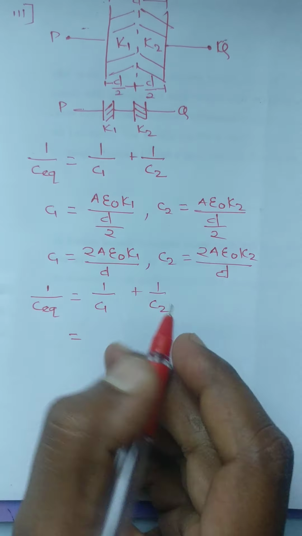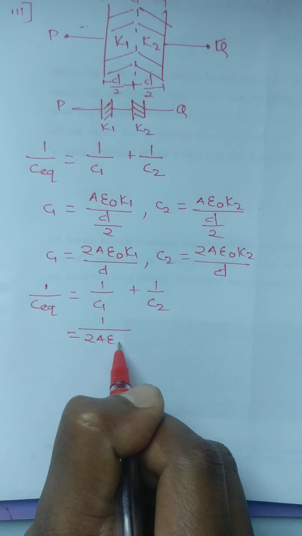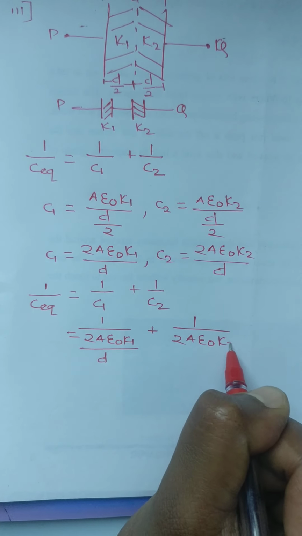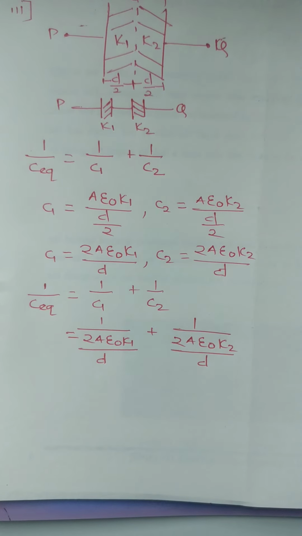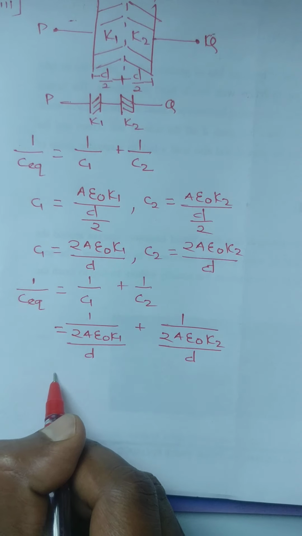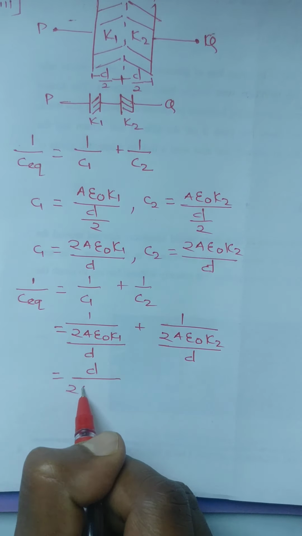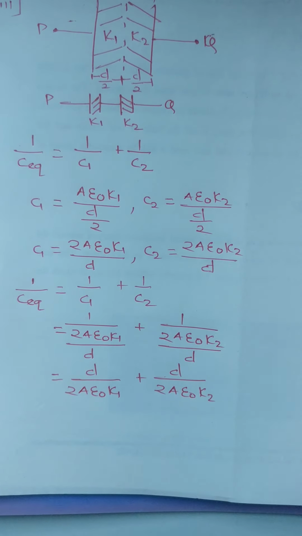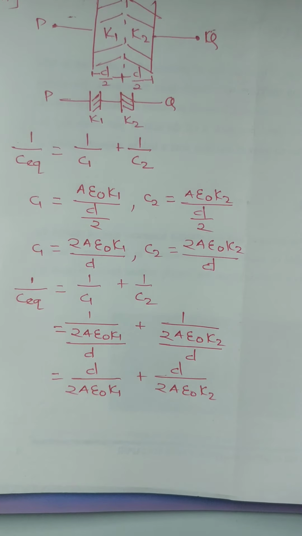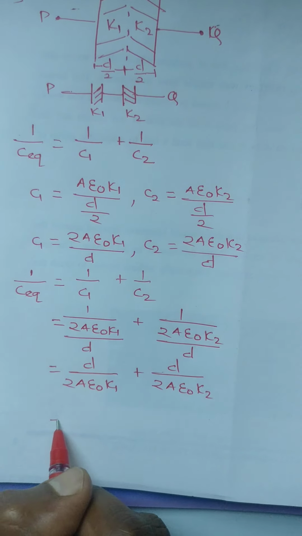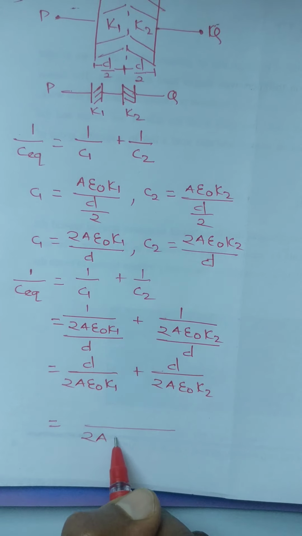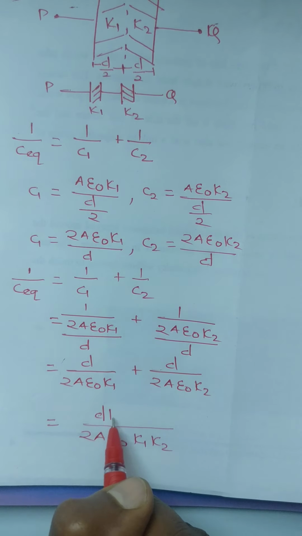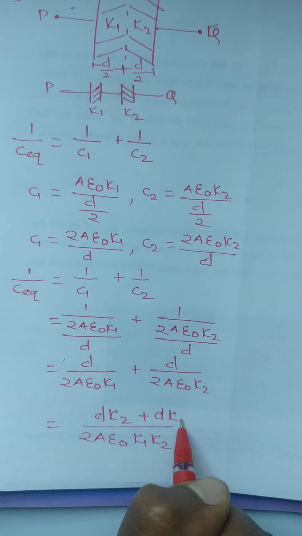Substituting, 1 upon 2A epsilon naught K1 by D plus 1 upon 2A epsilon naught K2 by D. Further, D goes in the numerator, so it becomes D upon twice A epsilon naught K1 plus D upon twice A epsilon naught K2. To add, we need to take the LCM of both values. The LCM becomes twice A epsilon naught K1 into K2. In the first term K2 is missing, so it becomes D into K2, plus D into K1.